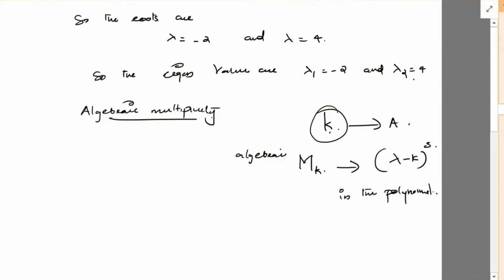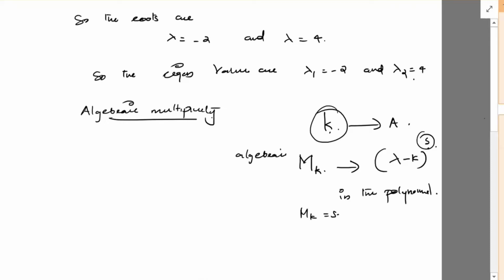So you have to look at the characteristic polynomial, and if k is the eigenvalue, the algebraic multiplicity of k will be the power of lambda minus k. If s is the power of lambda minus k, then mk will be s.